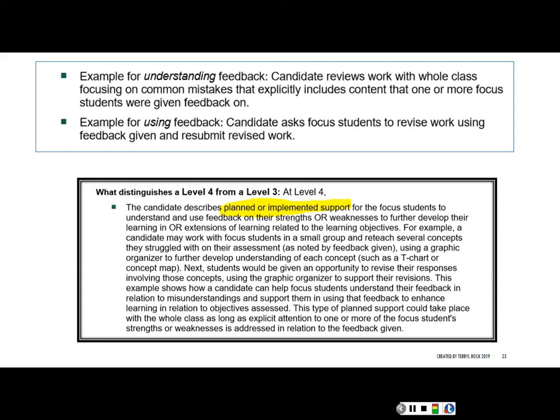So if, for instance, your plan is to just go over it with the whole class, that's an example of helping them understand feedback. Example of using the feedback is asking the focus students to revise work using feedback and then resubmit the revised work. Now, that's not a level 4. Why not? They're describing a level 3 here. Why isn't it a level 4?